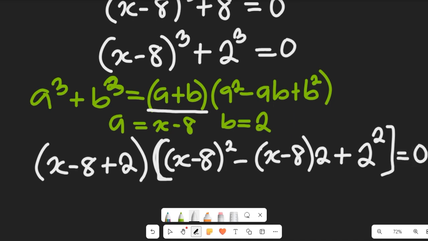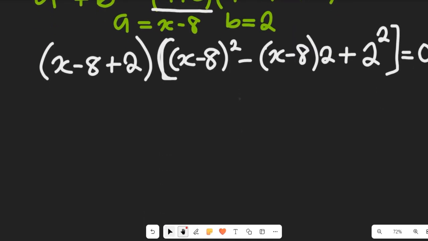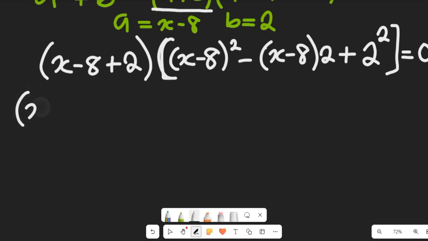That will be equal to 0. So from that expression, after that expansion, we'll simplify this. x minus 8 plus 2 is going to give us x minus 6, right?